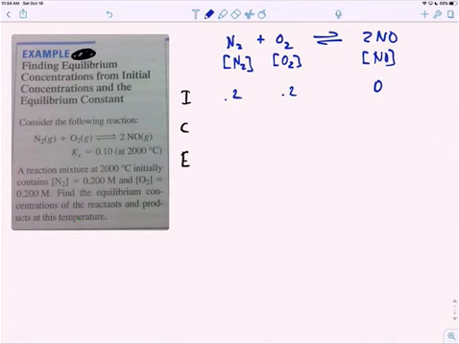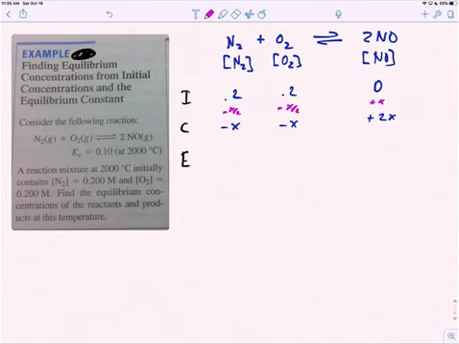So how are we going to change? We shift right, which means we lose one extent of reaction of nitrogen, we lose one extent of reaction of oxygen, and we gain 2 extents of reaction of nitrogen monoxide. If you want, you can do it the other way, minus x over 2, minus x over 2, and plus x.